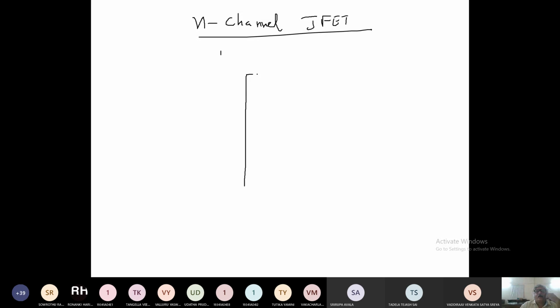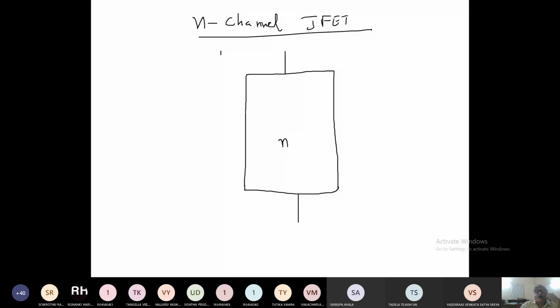If you recall, now we are talking about the N-channel JFET. If you see the construction of this N-channel JFET, this is one material of N-type, and here you have two terminals.